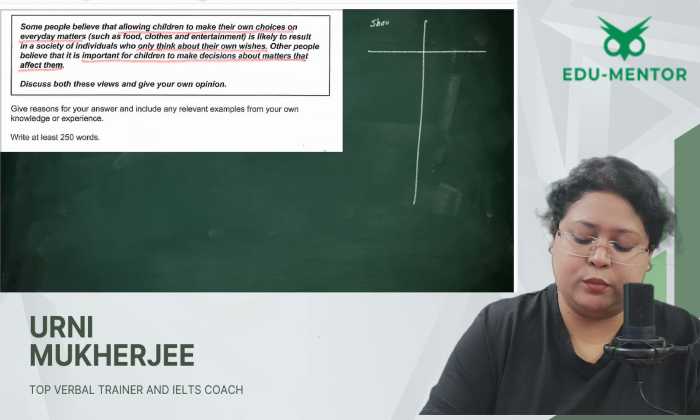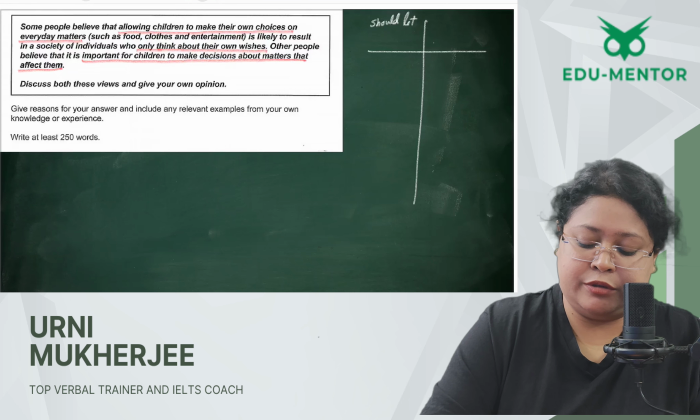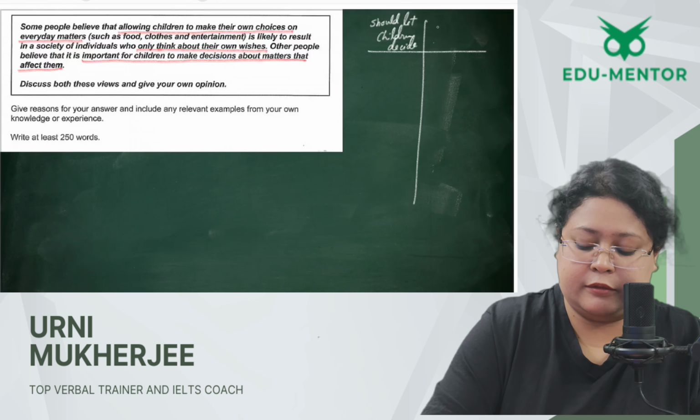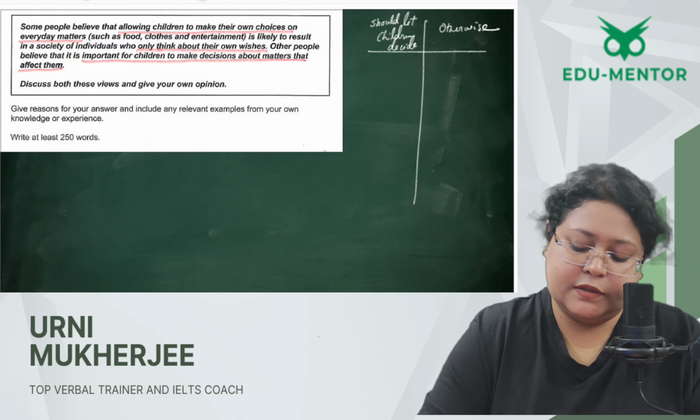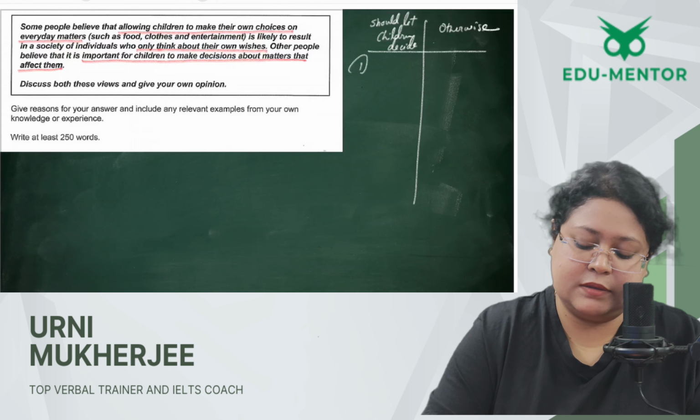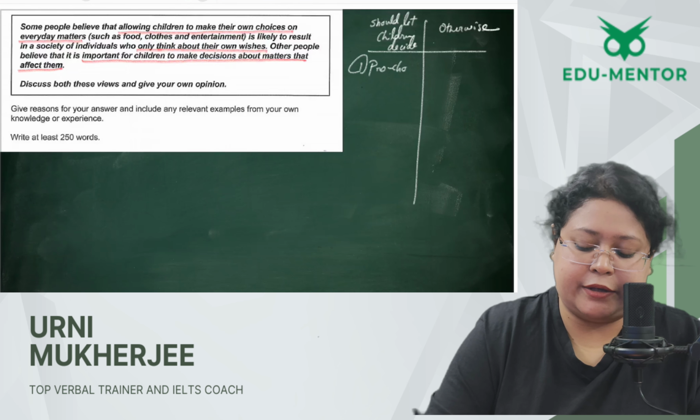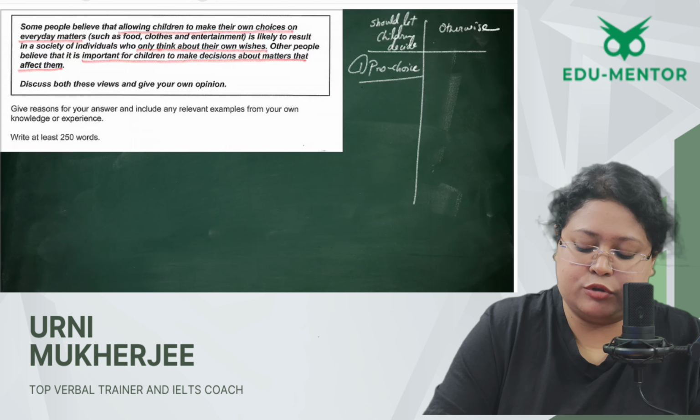One who believe that children should get to decide, and others who believe otherwise, that they should not get to decide so early on, at least. So if you are among these, that they should get to decide, you would be more pro-choice, right?